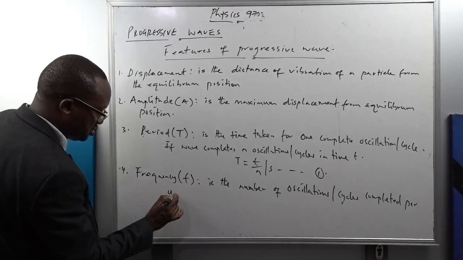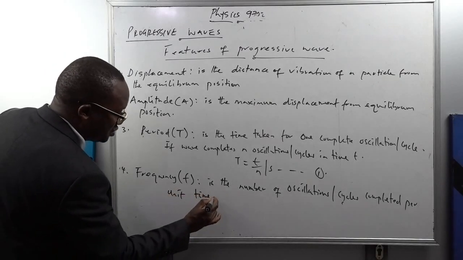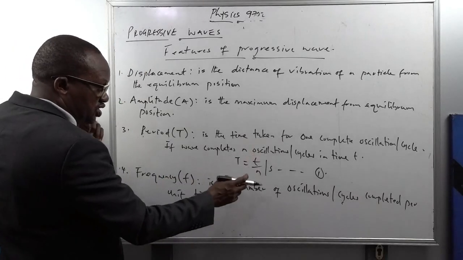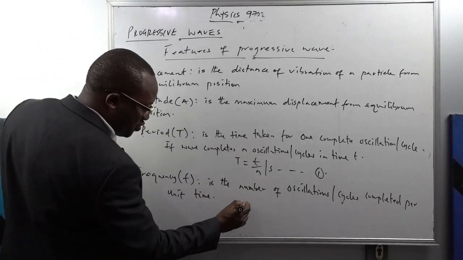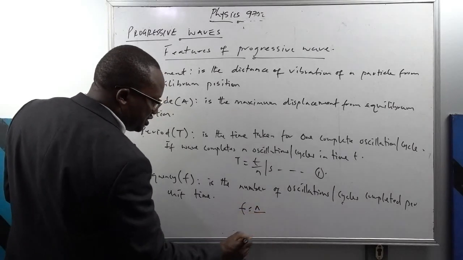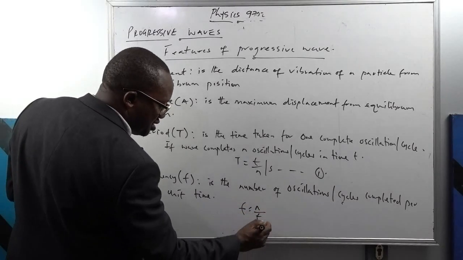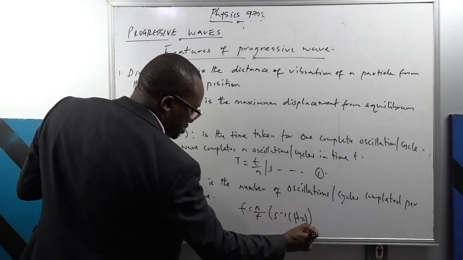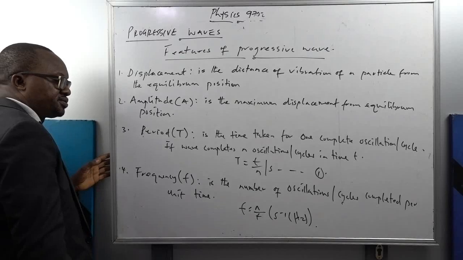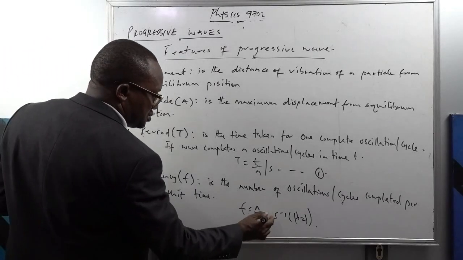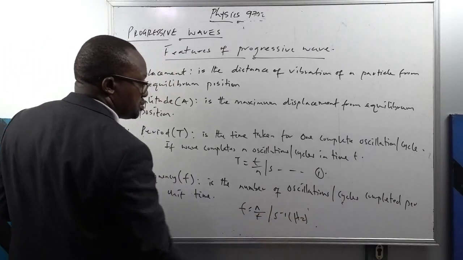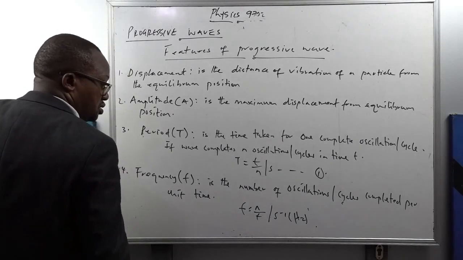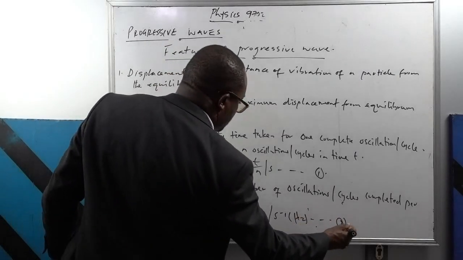So, also referring to this, if the wave completes n oscillations or cycles in a time t, frequency will be the number of oscillations completed per unit time. So this is measured in per second, which is referred to as the hertz. So this is equation 2.